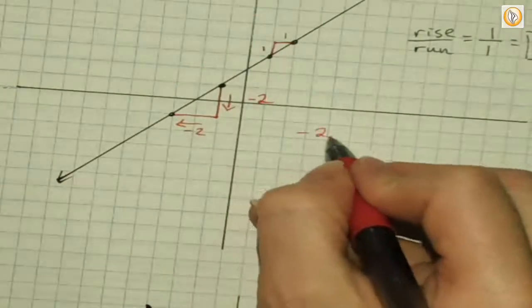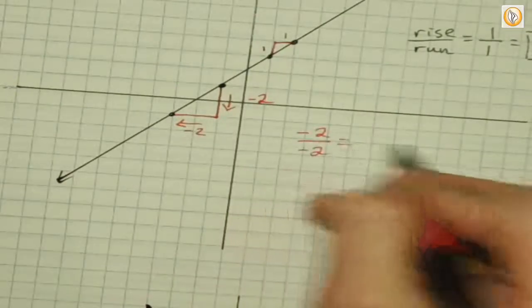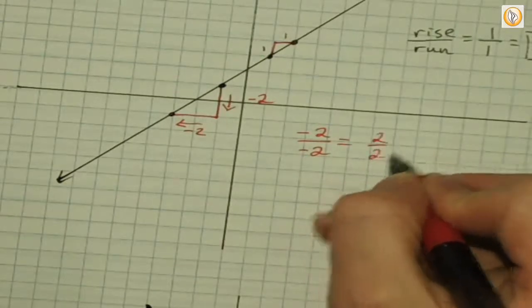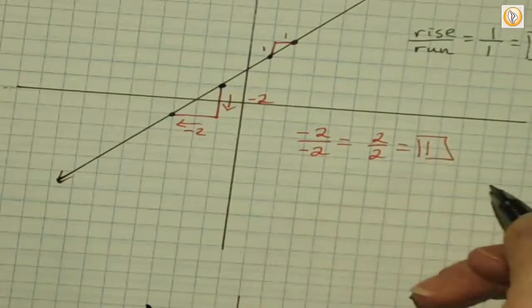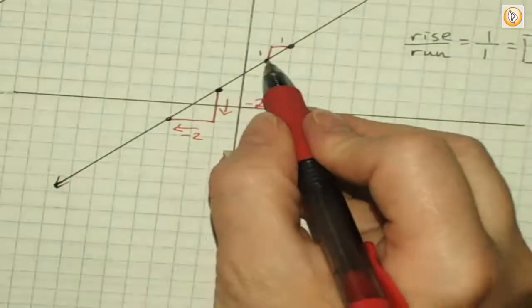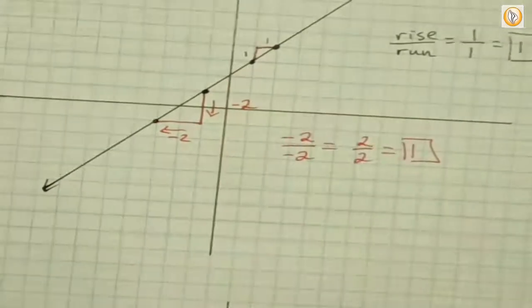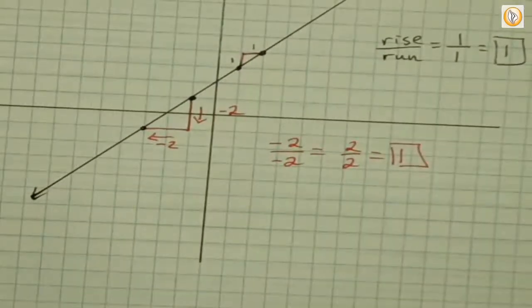So then that would be negative 2 over negative 2. What is negative over negative? Michael? Positive. So 1. And then 1. Or you could have done 2 dots that are closer. Up 1 and right 1. Do y'all see that? Does that make sense?